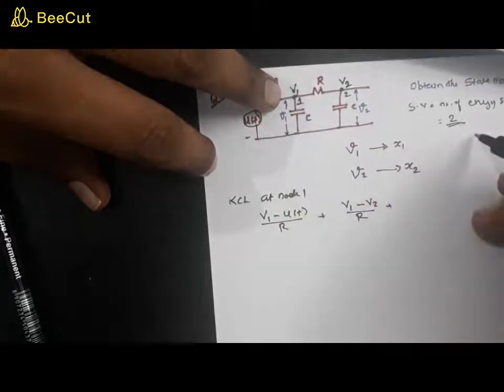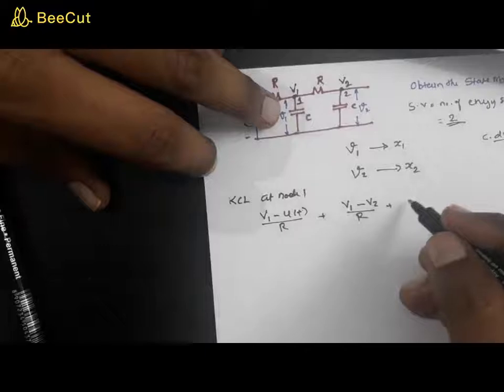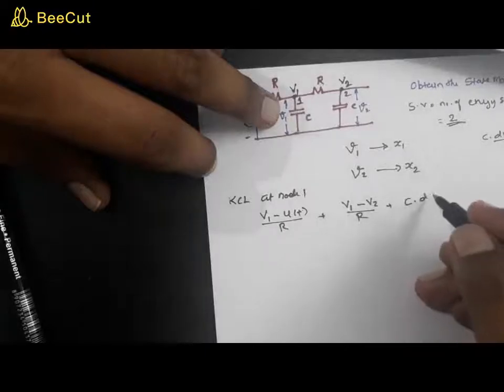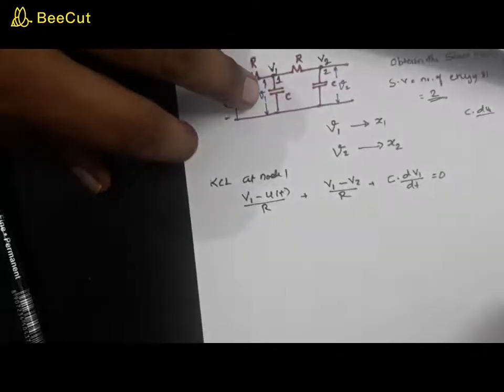We know the current through the capacitor is C dVc/dt, so this will be C dV1/dt, and the sum is equal to 0.